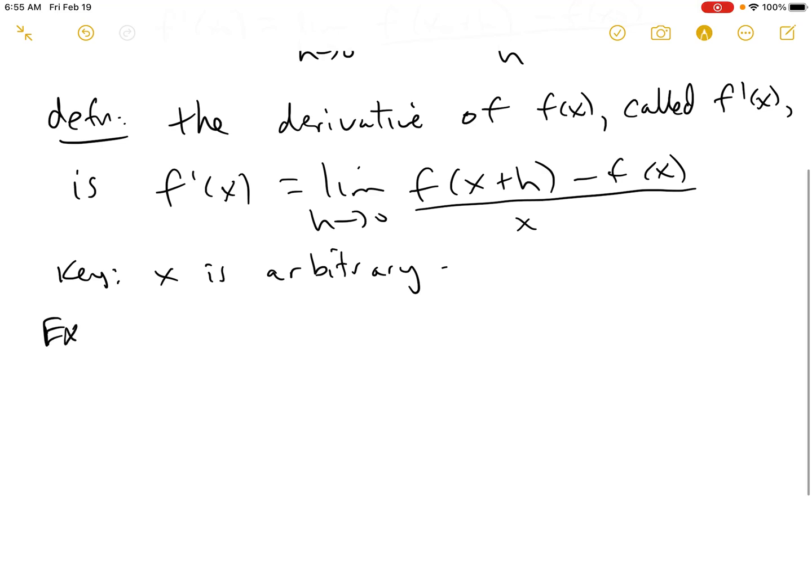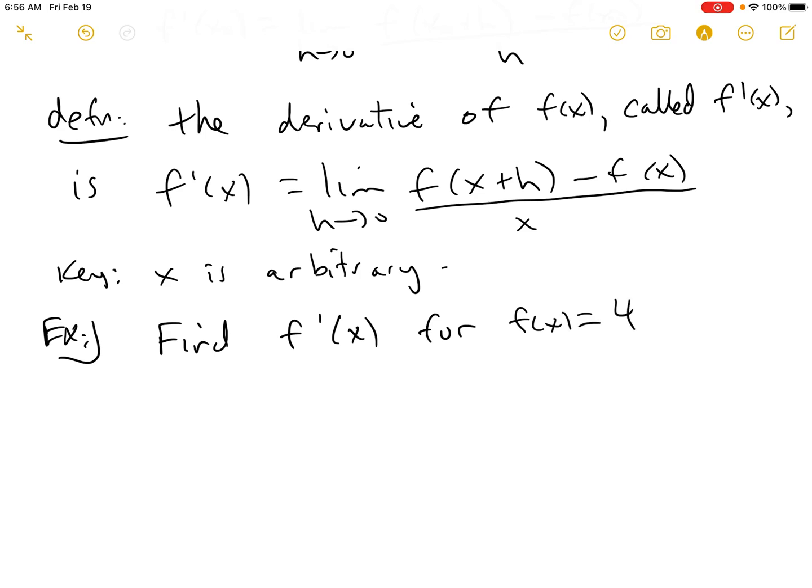So here's the example from video 5. We want to find f prime of x for the function f of x equals 4 minus x squared. In an example from the last video, we said what's the derivative at -1. And now I'm saying I want to know the derivatives everywhere, and if I wanted -1, I would just plug it in.